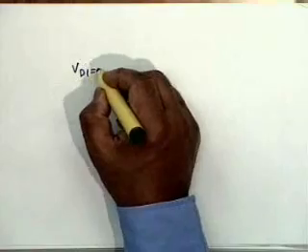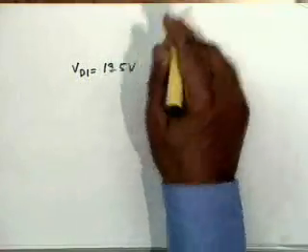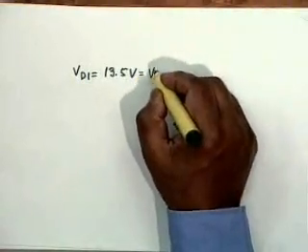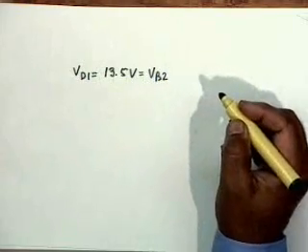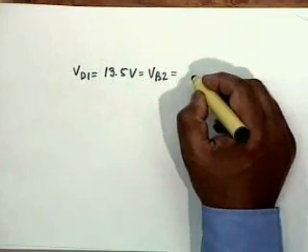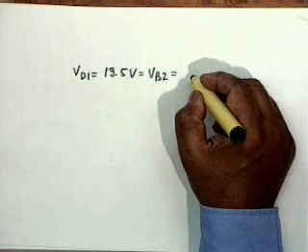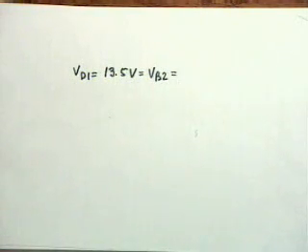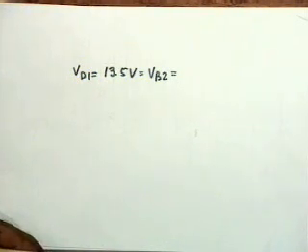If you go, you see VD1, let me write this equation. I have no more space here, so I must change. You must keep on looking at this circuit. VD1, which is 13.5 volt, is the same as VB2. No, we don't want to do that.